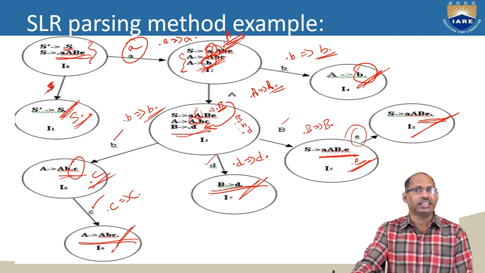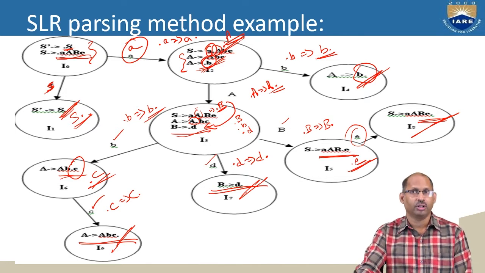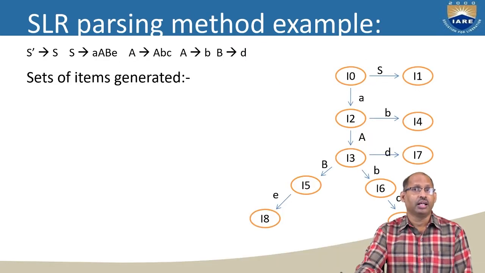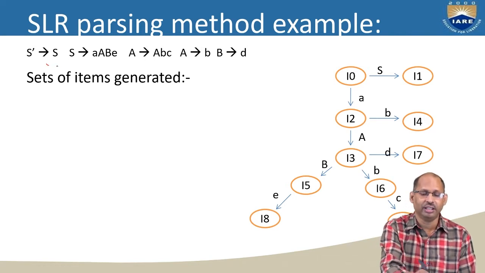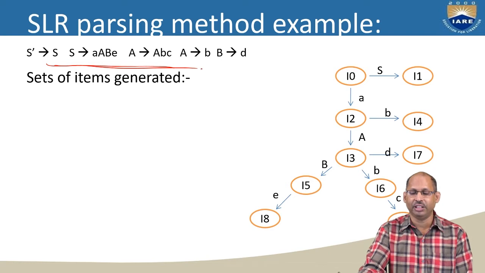So now we have constructed a DFA for the go-to operations, and here we have combined all the closure operations also. This is the grammar that is given.